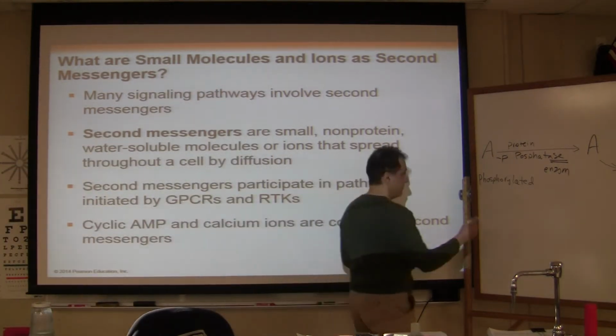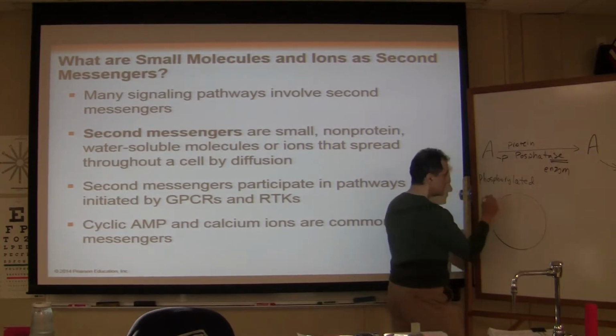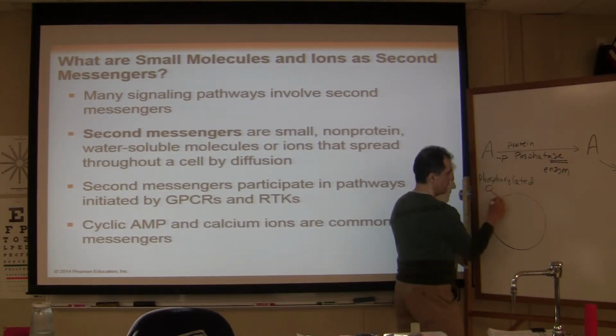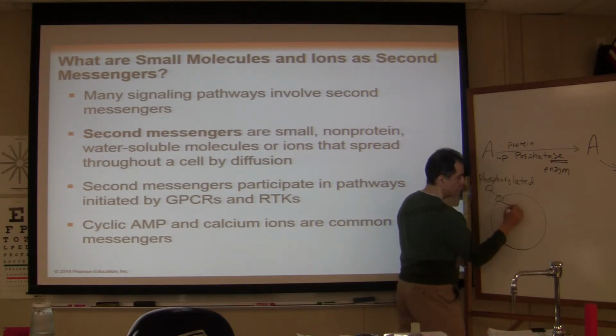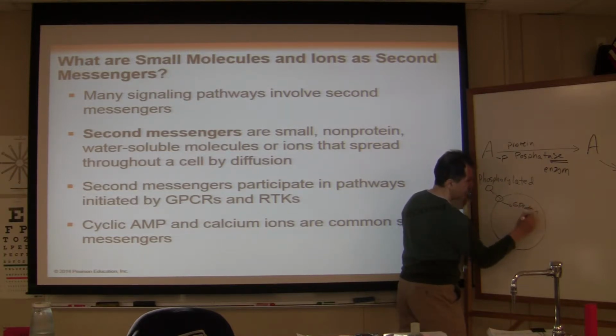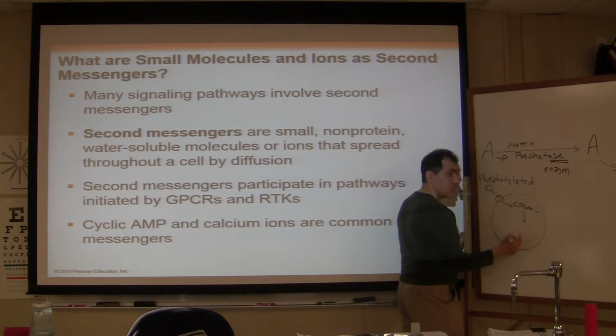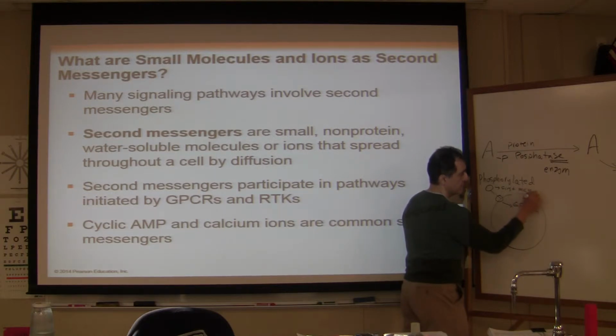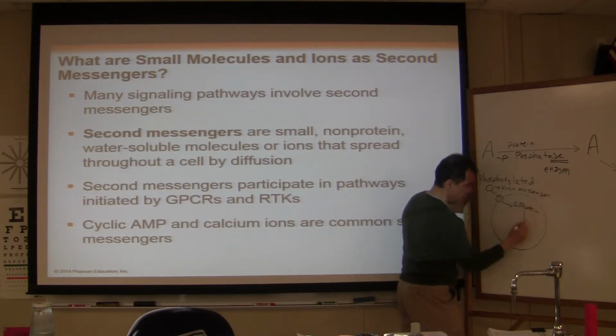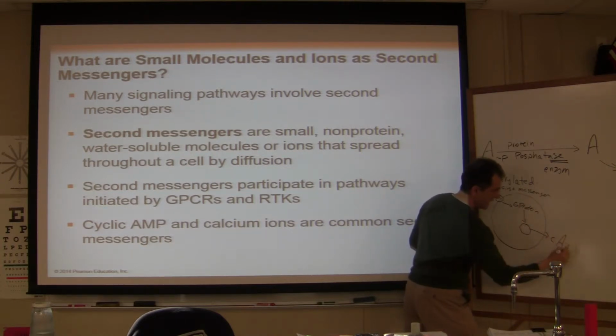You have a cell, you have the ligand right here, it comes to the cell, attaches to the receptor, and then this activates a G protein, you all know, we talked about this, and the G protein relays the message to a second messenger. That would be your first messenger. And the G protein will turn on cyclic AMP.